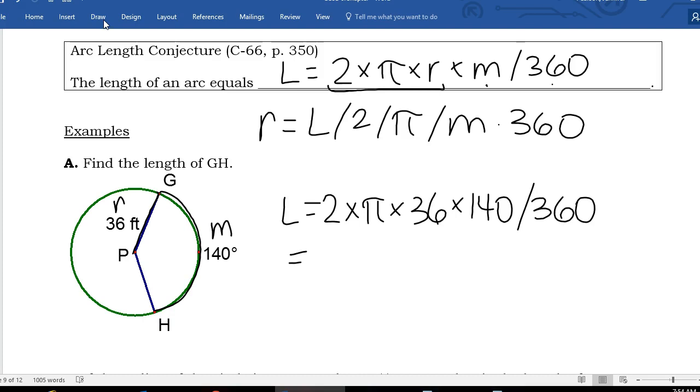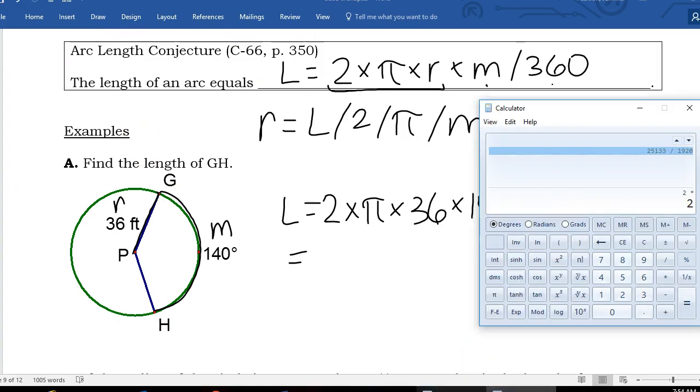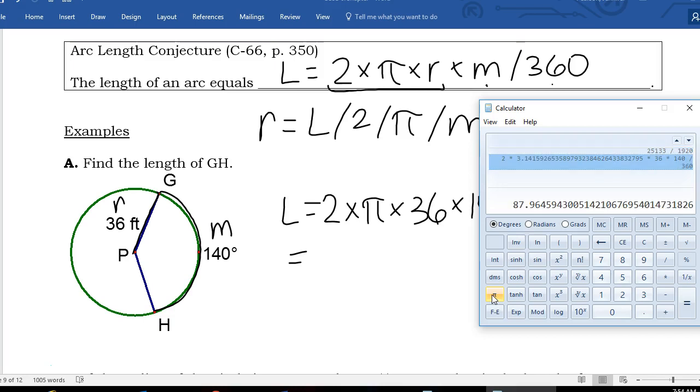Into the calculator we will go. That is 2 times pi times the radius times the measure divided by 360 is 88 feet.